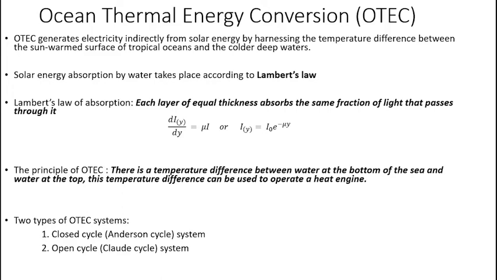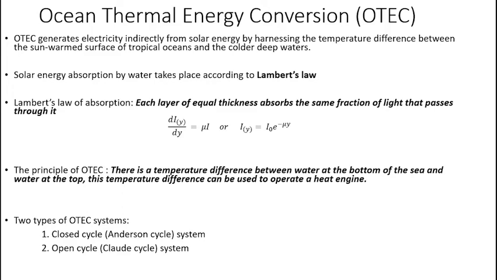I(y) is the intensity of radiation at a depth y, and μ is the absorption coefficient. So this Lambert's law indicates how much solar energy is absorbed by water. Okay, and next is the principle of OTEC.